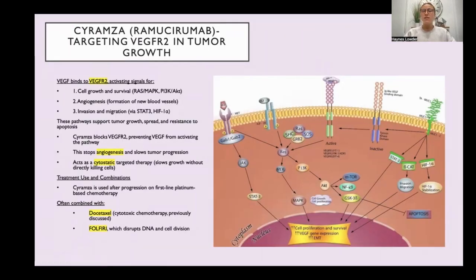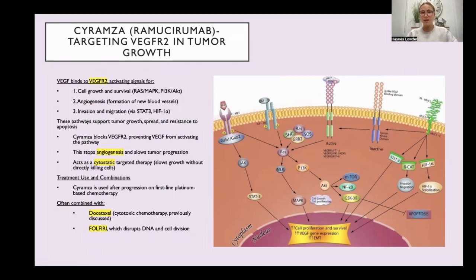Cyramza targets VEGFR2, a receptor essential to angiogenesis. Angiogenesis is the process tumors use to build new blood vessels. By blocking VEGFR2, it shuts down signaling pathways like RAS, MAPK, PI3K, and AKT, which are crucial for tumor survival and spread.